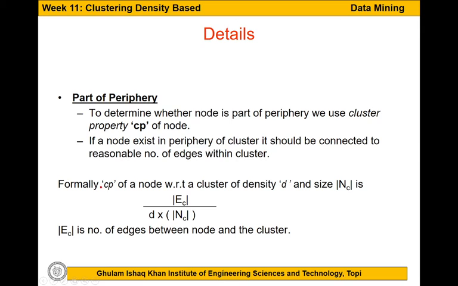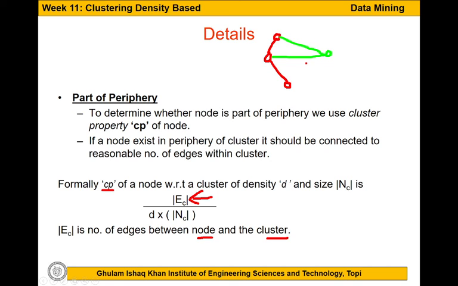For example, we will be computing this CP. Now CP is computed as the number of edges between the cluster and the node. For example, this is the cluster, and this is the neighbor to be considered, which is connected with these. So the red one is the cluster, and the green one is the candidate to be added to the cluster. This E is EC, the number of edges between the node and the cluster.